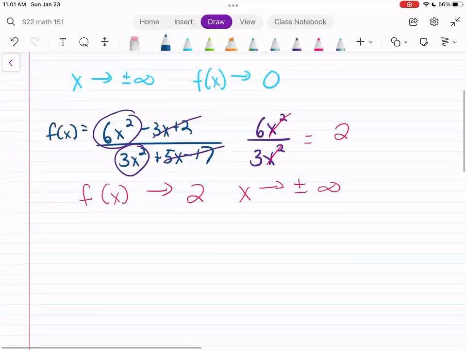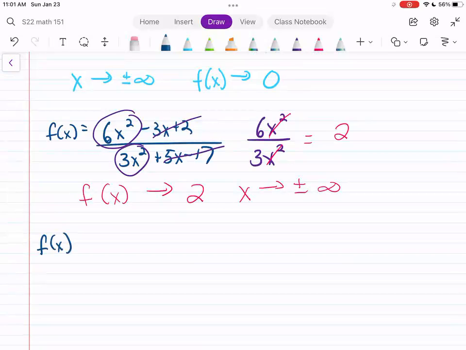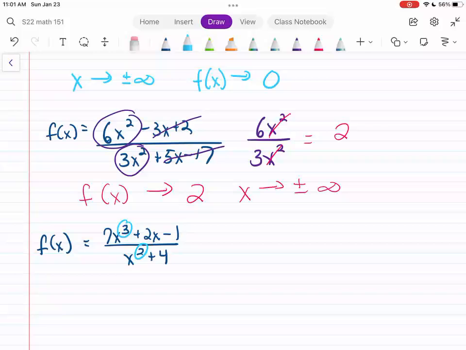What if we have something where the numerator is bigger? We've looked at the denominator being bigger, and them being the same in terms of degree. What if we have something like 7x cubed plus 2x minus 1 over x squared plus 4? Here, the numerator dominates, so it's going to keep getting bigger and bigger. When there's a difference of just 1, this creates an oblique asymptote.